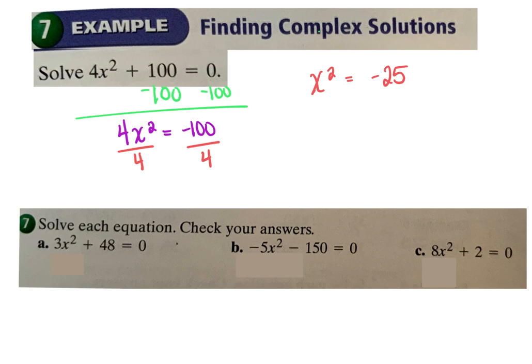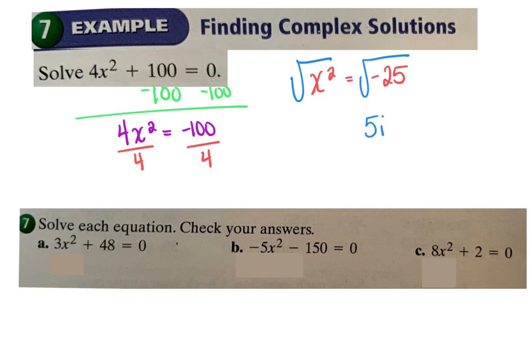Here, my process is to take the square root of both sides, all right? Square root of both sides. Prior to this section, your answer would be it does not exist because we're talking about real numbers only. Now we've introduced complex numbers, and all of a sudden we have an answer for this. The square root of negative 25 is going to be what? 5i.